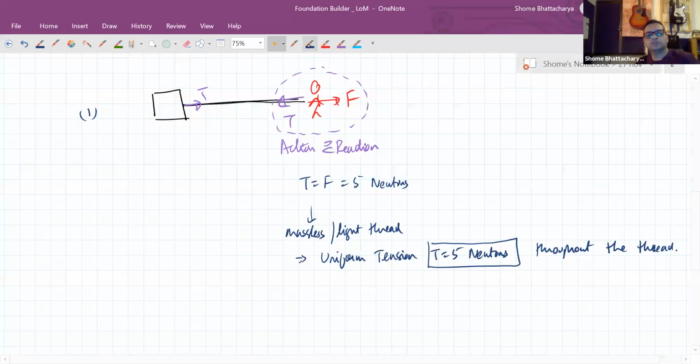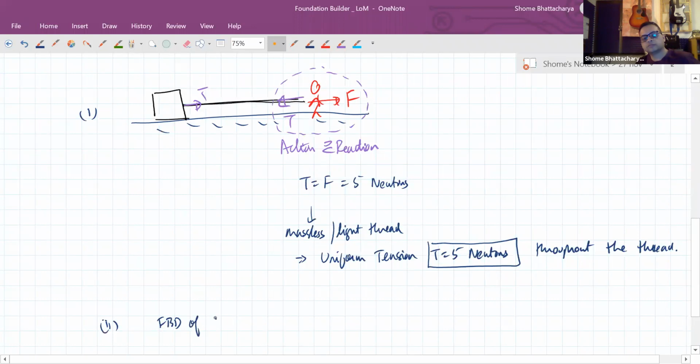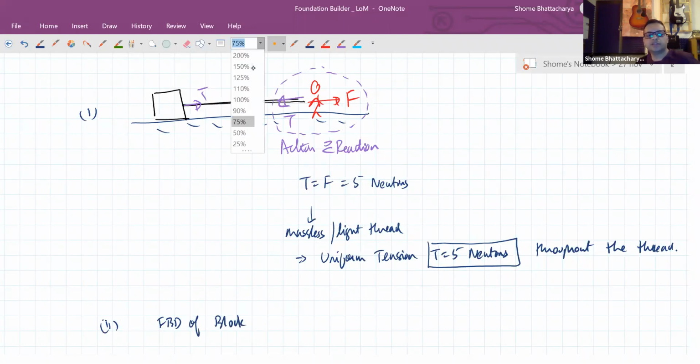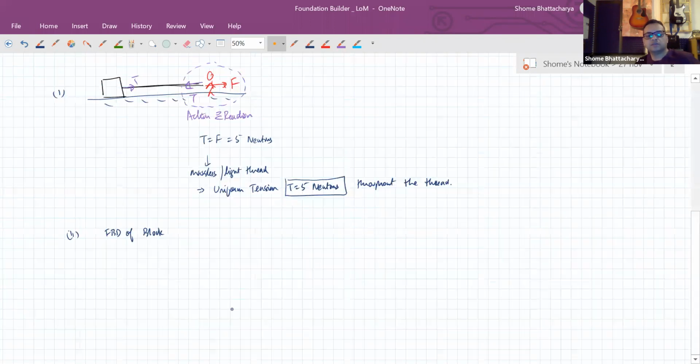Then you make the block's free body diagram, of course. When you make a free body diagram, you should represent the block by a point mass and show all the forces acting on it as vector arrows.